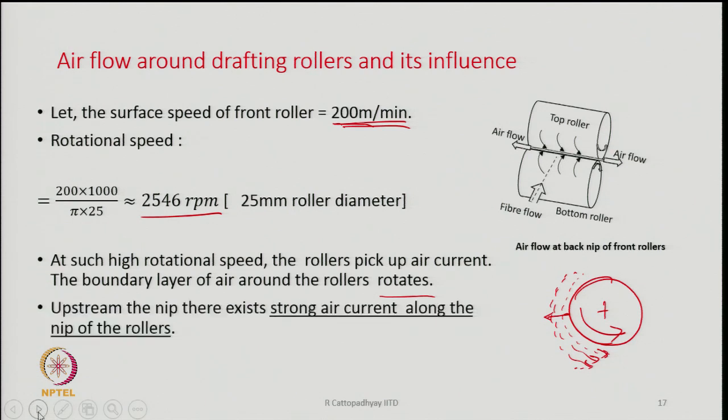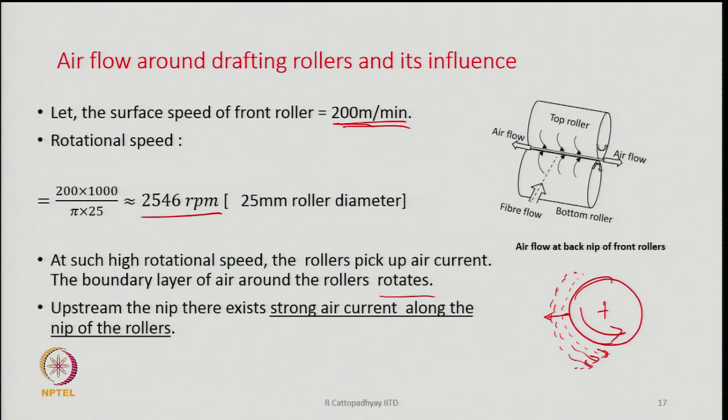What happens because of this? The boundary layers of the top roller and the boundary layers of the bottom roller are actually meeting each other at the nip of the two rollers.